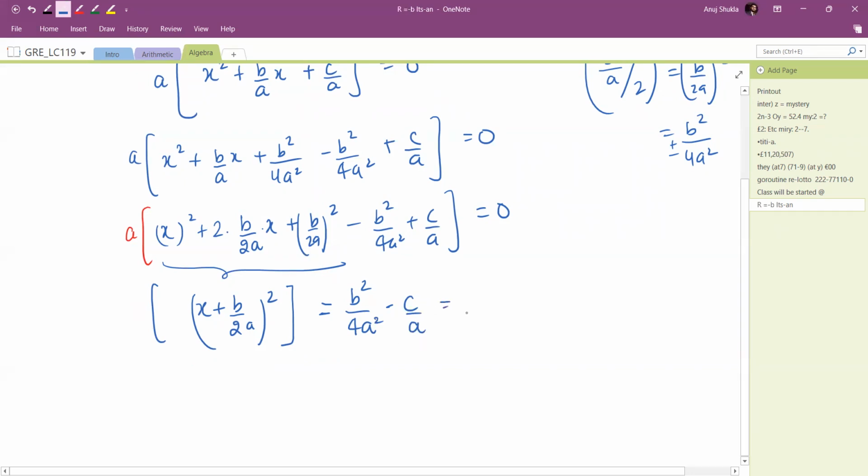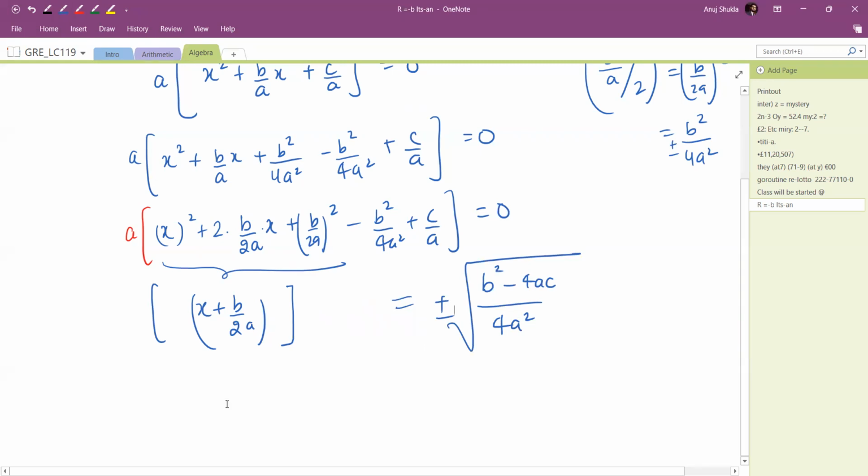I'm going to take this one as 4a square and it will be b square minus 4ac. Yes or no? Forget this part. This is equal to this. Yes or no? If you take the square root of both sides, what will happen? This will become like this and plus minus. Yes or no?